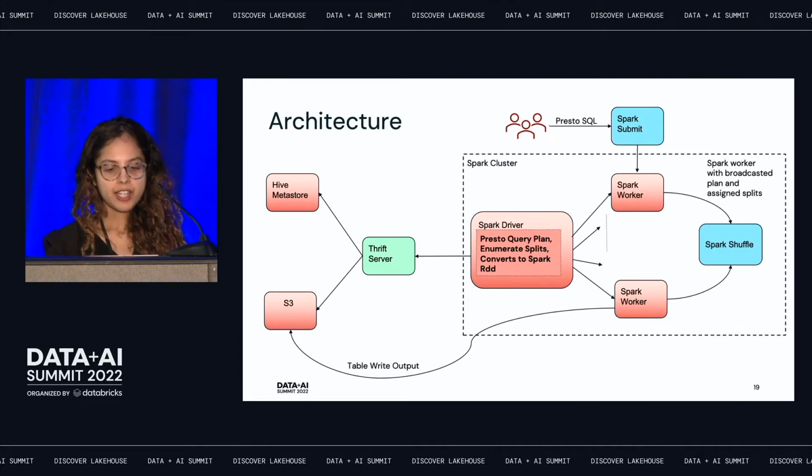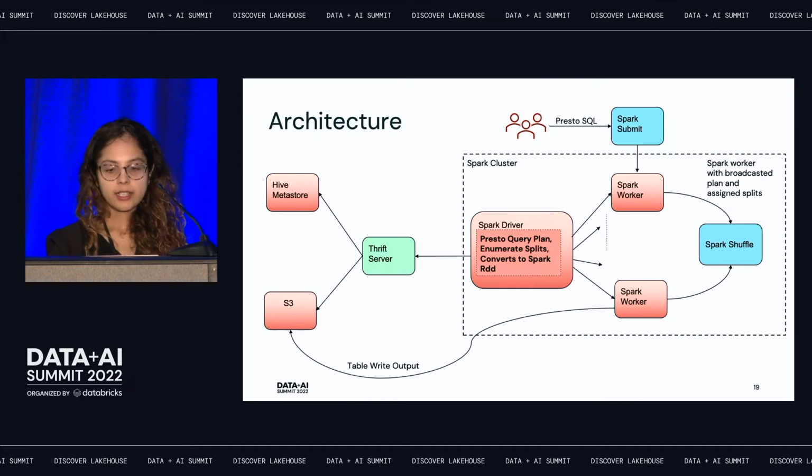So within the Spark driver, we will enumerate all the splits, get the Presto logical plan, convert it into a Presto distributed plan, and then finally convert it into a Spark RDD to be distributed across the cluster. Presto also serializes the plan, and that plan is sent to the Spark executors. And it communicates to the Metastore via thrift server.